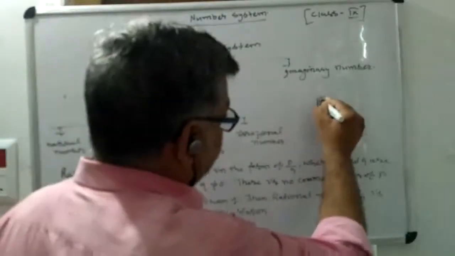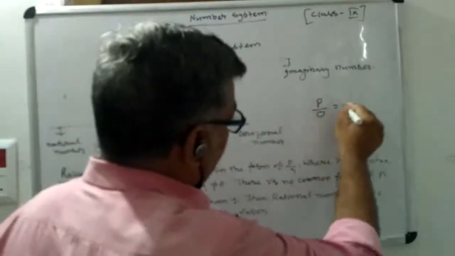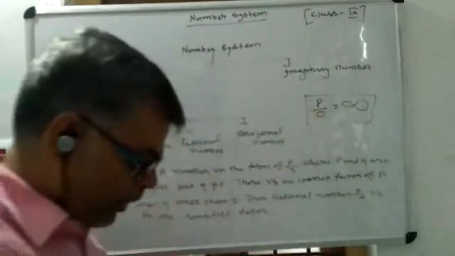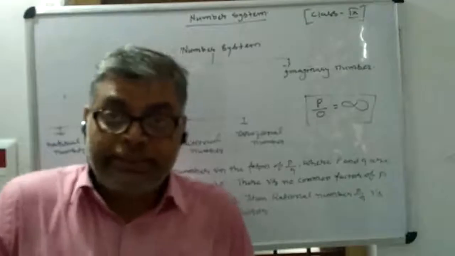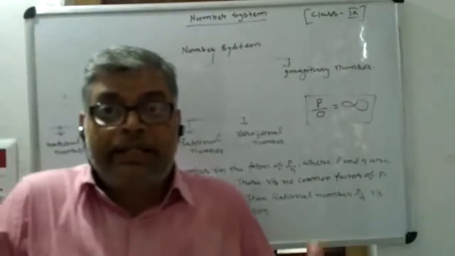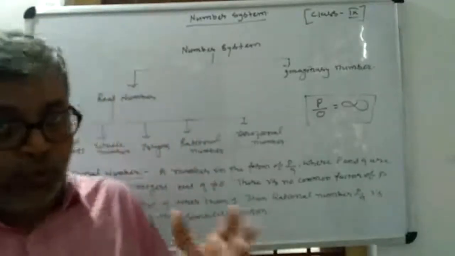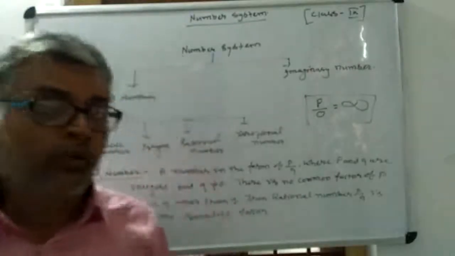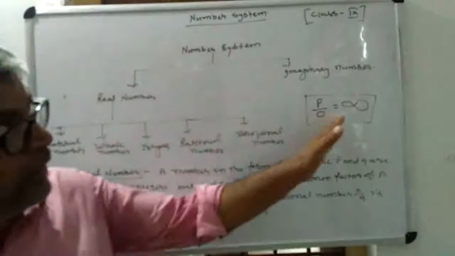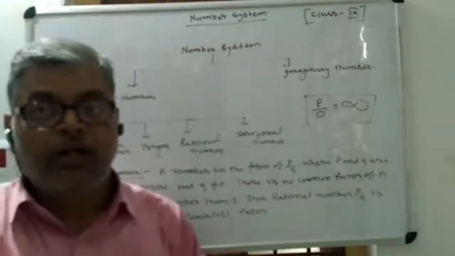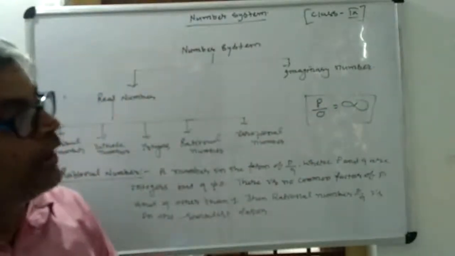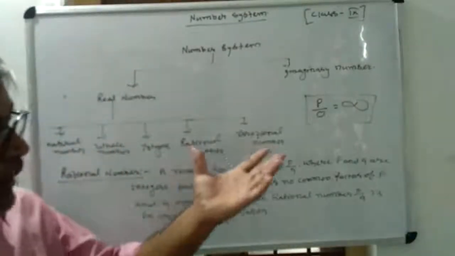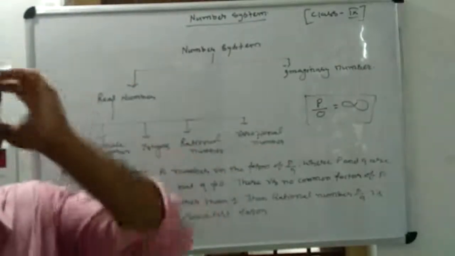Because anything divided by 0 is not defined, or cannot be explained in mathematics. So any number divided by 0 is termed as not defined, or we simply say it does not exist. So this is the condition of a rational number.